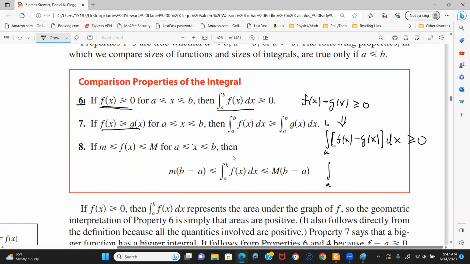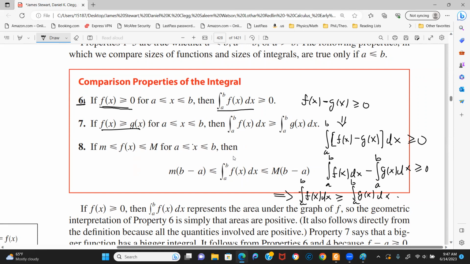Then I can distribute the integral symbol over this difference like this, and then I can add the integral of g of x to both sides to finally get that the integral of f of x over the interval a to b is greater than or equal to the integral of g of x over the interval a to b. Yeah, so that will prove that.